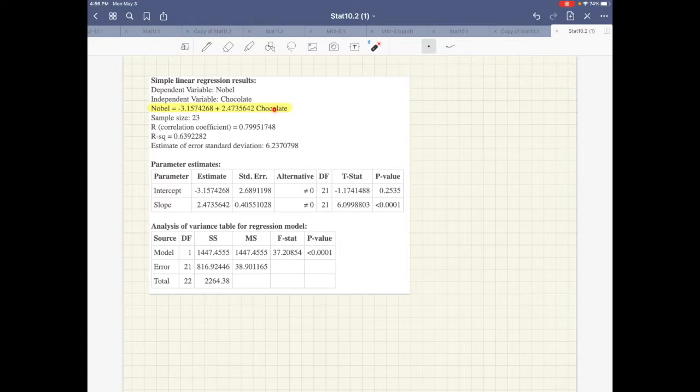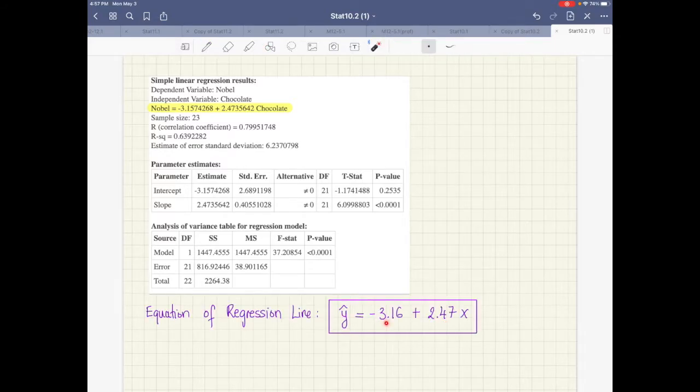So what I would do is replace chocolate with x and Nobel with y hat to get to my equation of the regression line. I round my slope and my y-intercept to 3 significant figures. However, always read the instruction to see how many decimal places they want you to round.